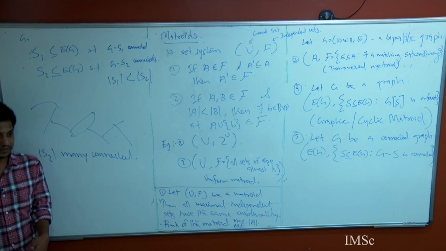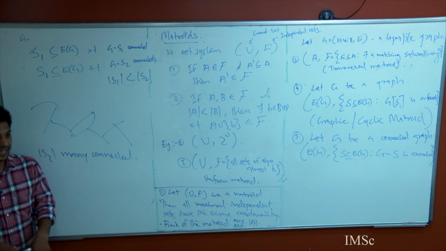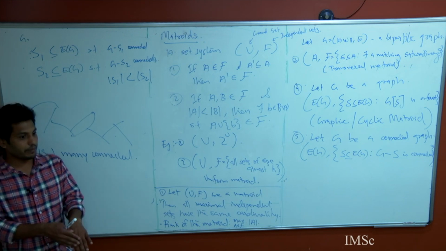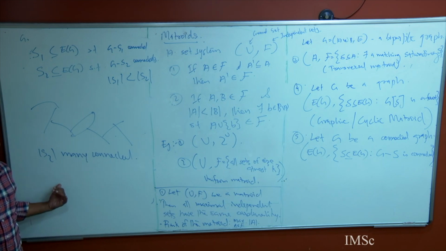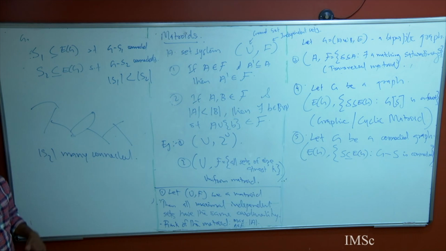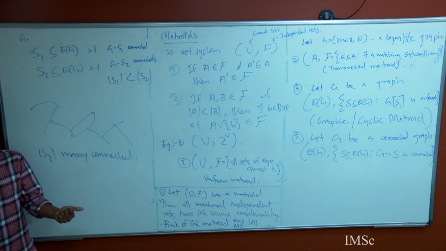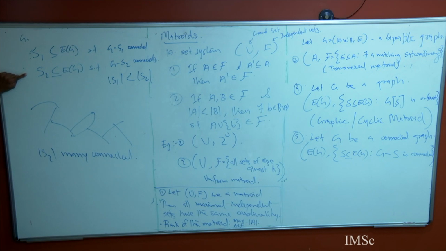Keep adding S1. One edge can connect two components. Keep adding, and then what do you get? G minus S2. It's a disconnected graph, and that contradicts this. Clear?